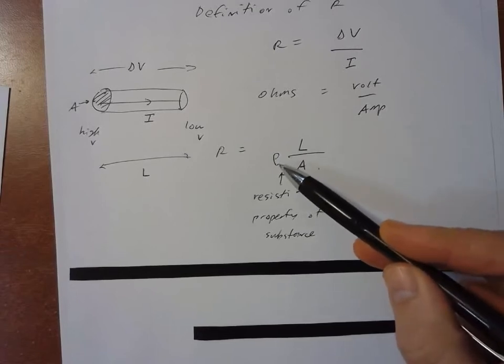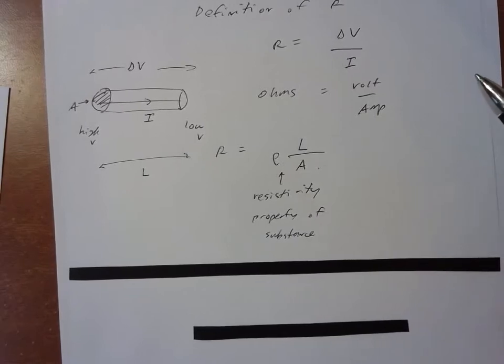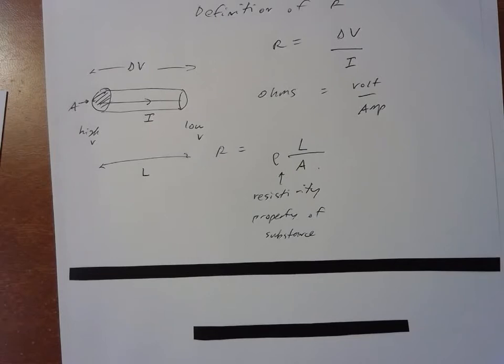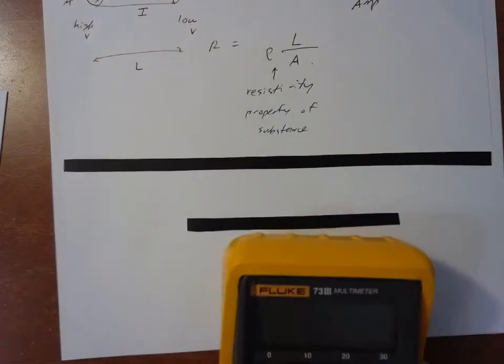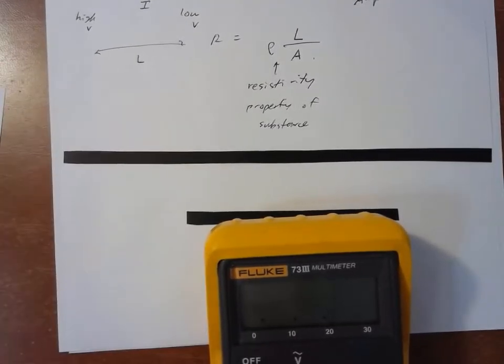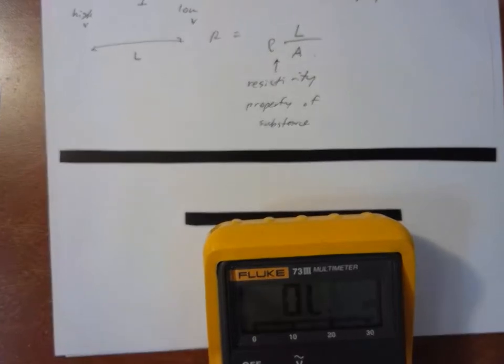They should have the same resistivity because they're made of the same material. But one is twice as long as the other, and so you can see, based on our definition, that the one that's longer should provide more resistance. So I'm going to take a meter and I've got it set to measure resistance in ohms.